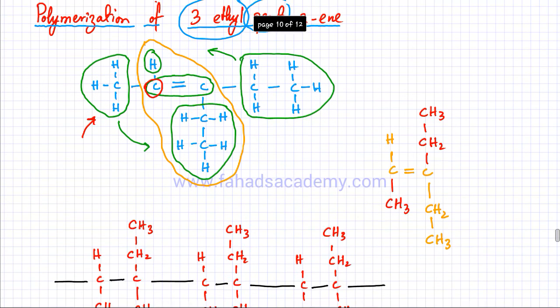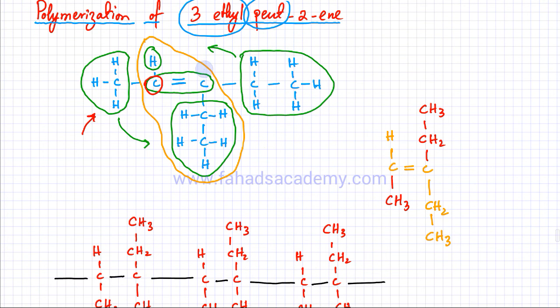So remember, I'm going to revise this. Remember, draw the carbon double bond carbon like I've drawn over here, and make all the structures either above or below it, not to the right or to the left. So this structure over here, which was drawn to the right, and this structure over here, which was drawn to the left, must be drawn either in the upward direction or the downward direction. That is exactly what we did over here.